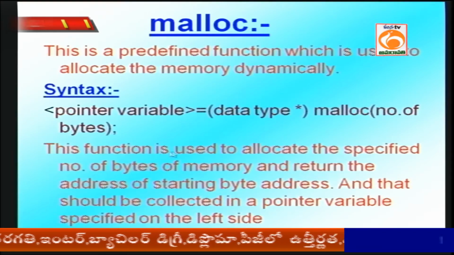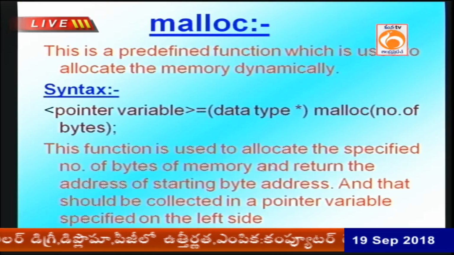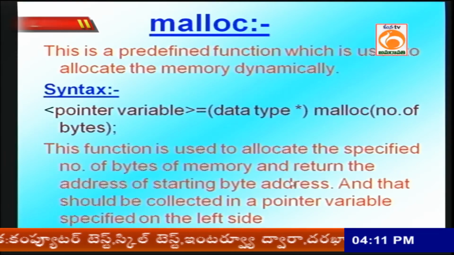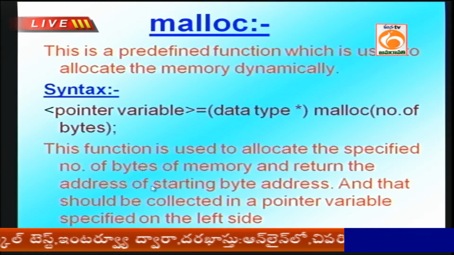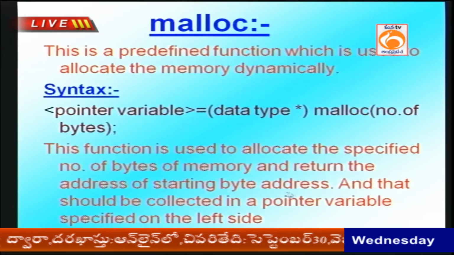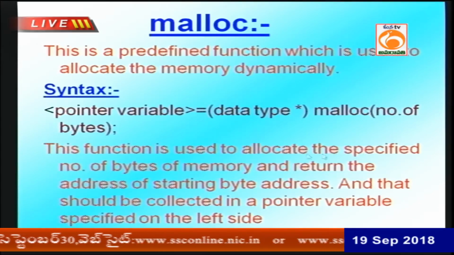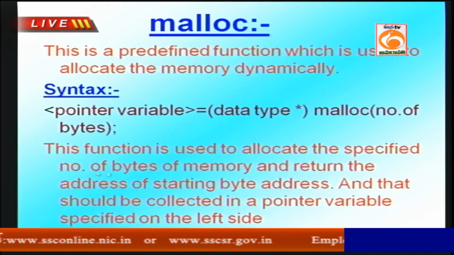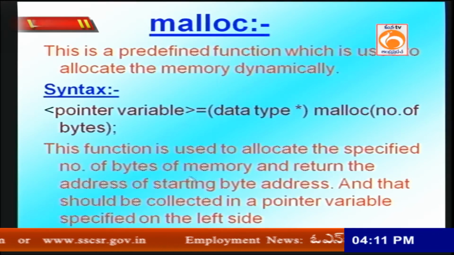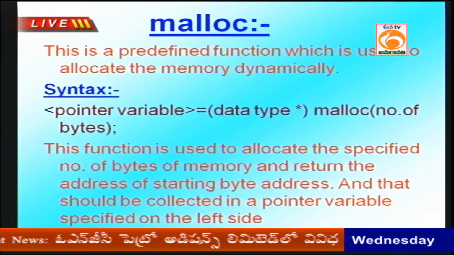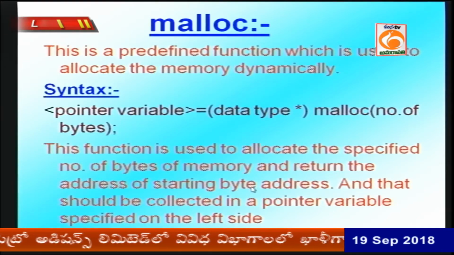Now see, this function is used to allocate the specified number of bytes of memory at runtime, and returns the starting byte address. If you use the malloc function, memory is allocated at runtime, the number of bytes are created, and the first address you get, from that address the complete memory will be allocated.